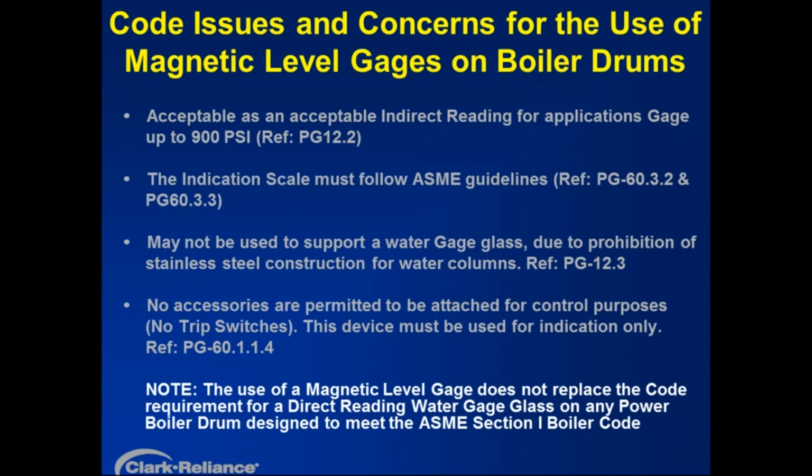However, as you'll see in a few slides, ASME boiler code requires a gauge glass on every Section 1 power boiler. So if a user removes a glass and installs a magnetic level gauge like they may do in a process part of the plant, if they do that on a boiler, they're setting themselves up for an immediate code violation. And if their inspection authority, be it their insurance inspector or state inspector, sees that, it will be an immediate violation.